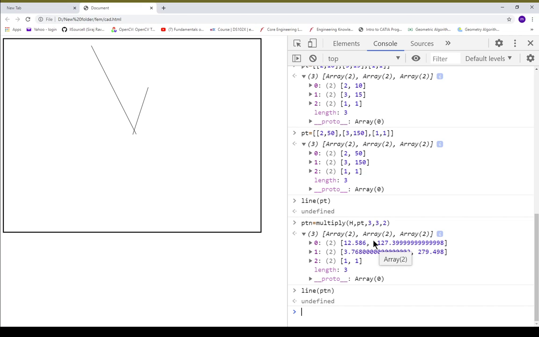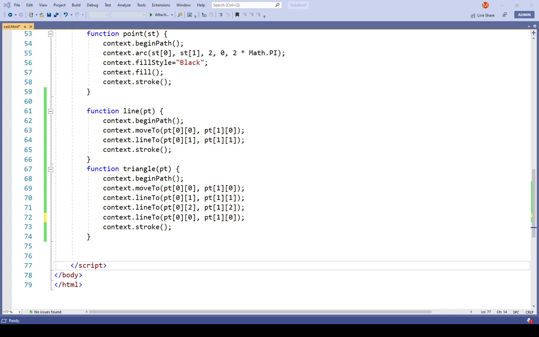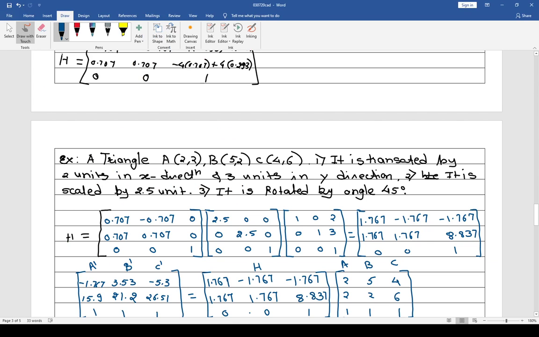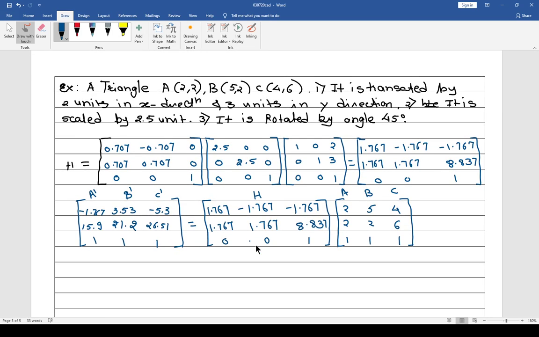Okay, so now I bring this code in front of you. Okay, so now I'll give you 5 to 6 minutes, try it for a triangle. Okay, the recent problem whatever we have solved, this is the recent problem which I have solved.